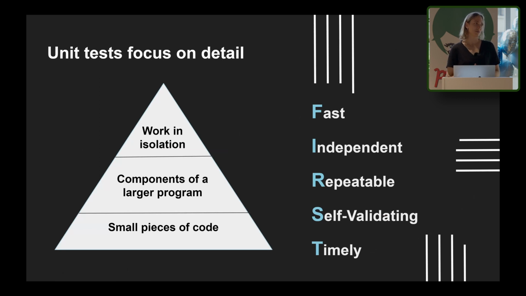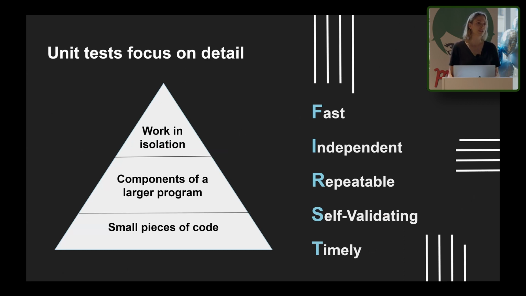There are three things about unit tests that you need to remember. The first thing is that unit tests validate small pieces of code, which are called units. So they focus on detail rather than the whole picture, and they treat separate functions and functionalities as totally separate components of a larger program.